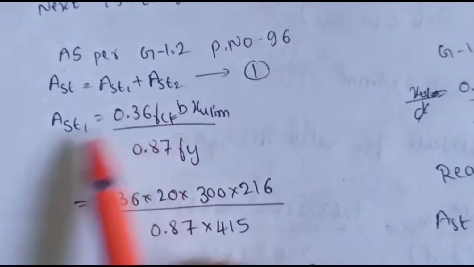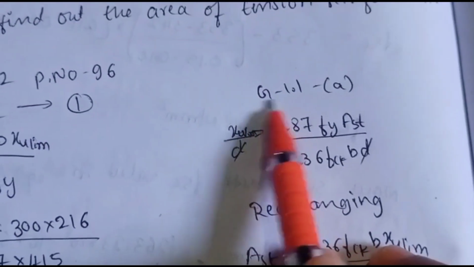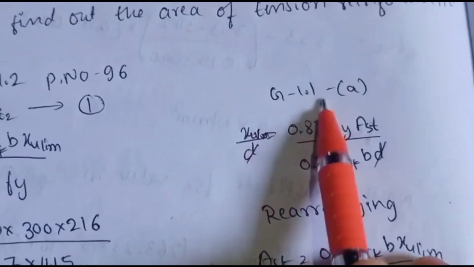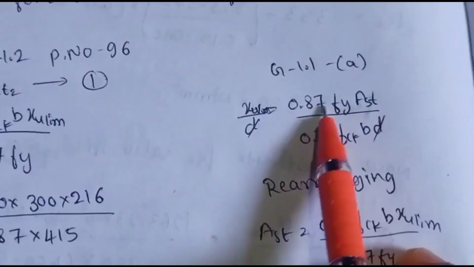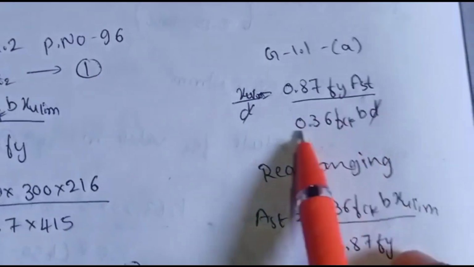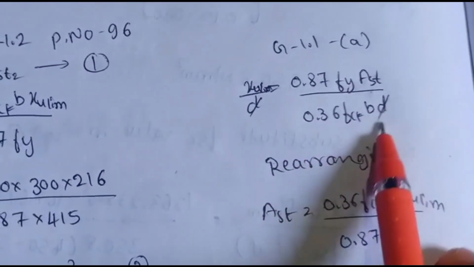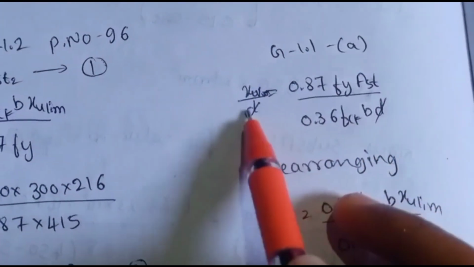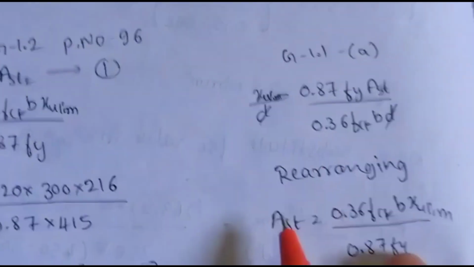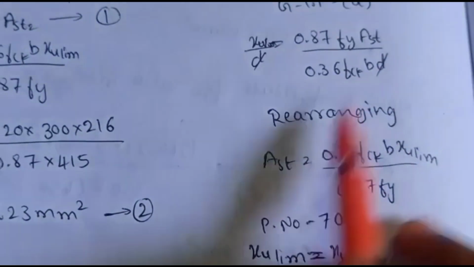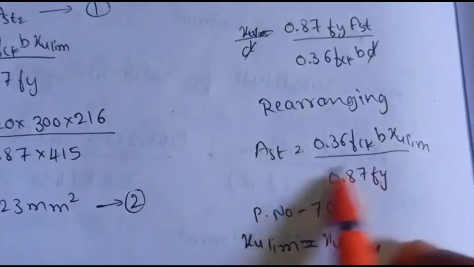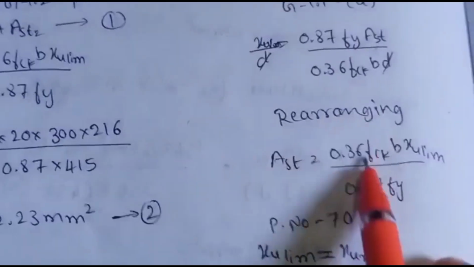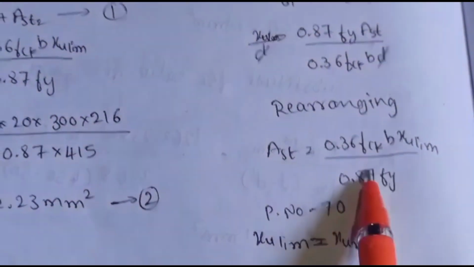For Ast1, there is one formula given on page number 96, G-1.1a: Xu limit divided by d is equal to 0.87 Fy Ast divided by 0.36 fck b d. Both sides have d, so cancel this and rearrange it. We need to calculate Ast, so Ast is equal to 0.36 fck b into Xu limit divided by 0.87 Fy.